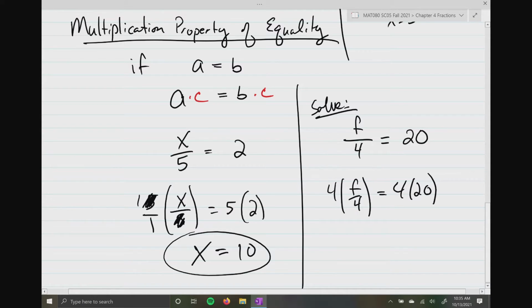Now, the left-hand side is the easy part, because you have 4 in the numerator and 4 in the denominator. So they reduce. What's left over is the letter f. On the right-hand side, you actually have to multiply that out. 4 times 20 is 80. Is that making sense, everyone?